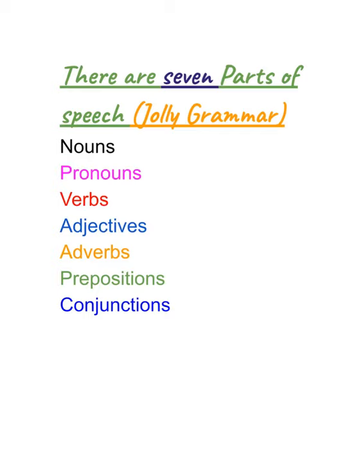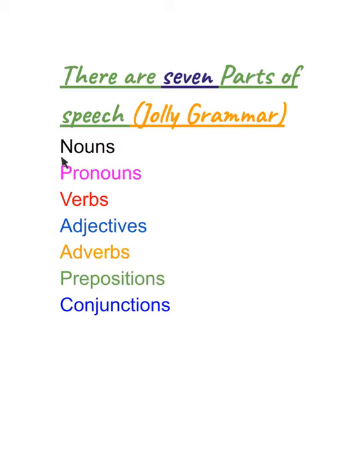In some of the books, 8 parts of speech are taught, and in some books, even 9 parts of speech are taught. In Jolly Grammar, each of the parts of speech is given a specific color.